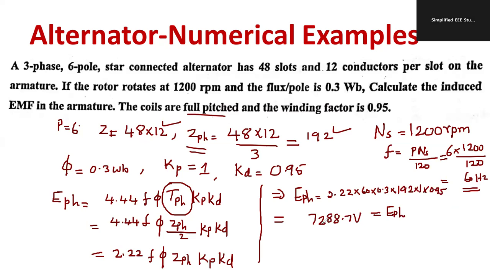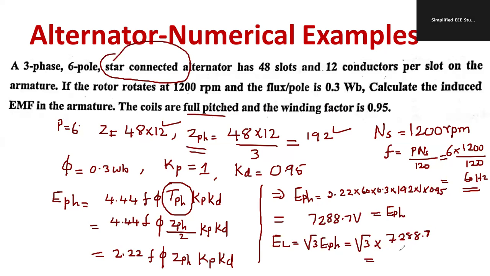Now we need to calculate the line voltage. It's already given that it's a star-connected alternator. The stator winding is star connected. Therefore, line voltage is root 3 into phase voltage. So root 3 into E phase, that is 7288.7.